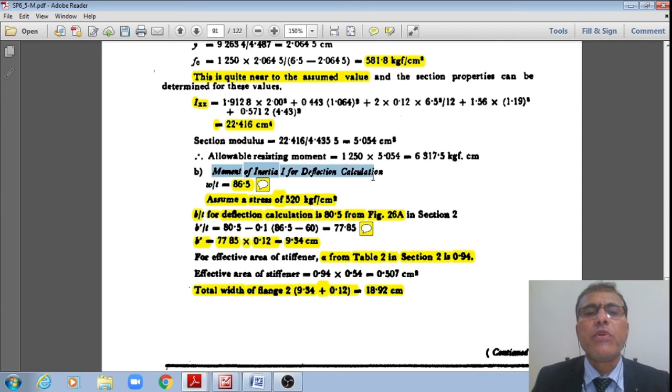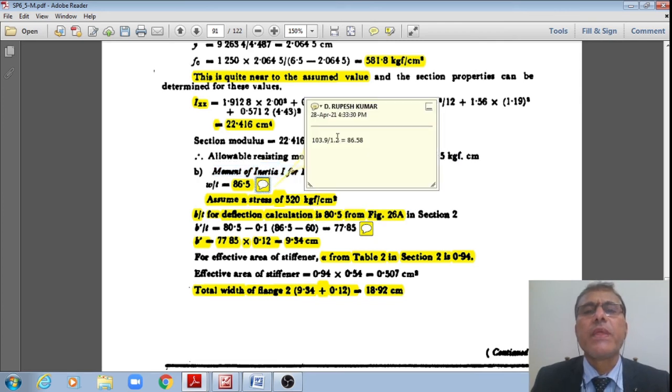Now, next one is the moment of inertia for deflection calculations. For the deflection calculation, W by T, we already calculated 103.9 divided by 1.2, which is equal to 86.58.